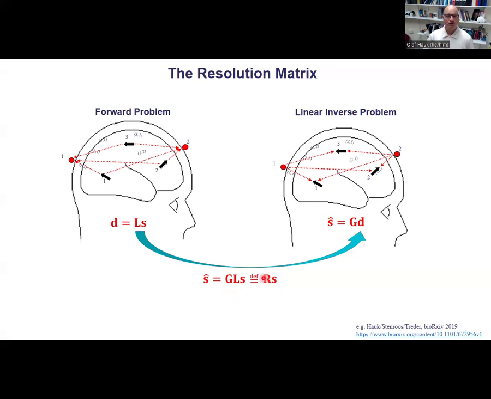This is now the blurry image, the windscreen between us and the brain. This is what we are looking through. We would like to see the true sources, but we only get a blurred version, and the blurring is given by the resolution matrix. This resolution matrix is symmetric, and its dimension is the number of dipoles times the number of dipoles, so it's quite a big matrix.